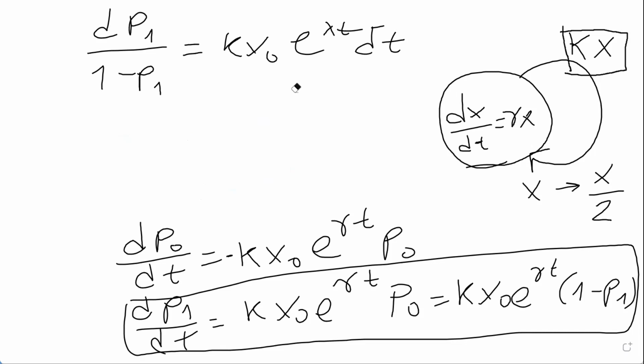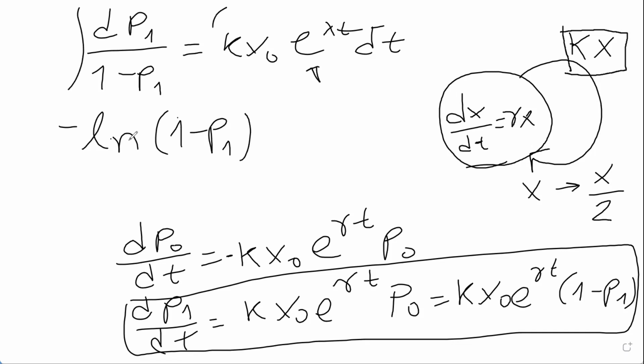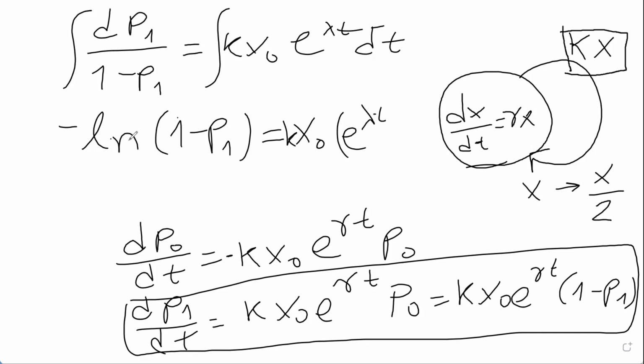So the solution is minus logarithm of 1 minus p1, and integrating, the solution is k x0 over gamma times e to the gamma t minus 1, that is when time is 0.